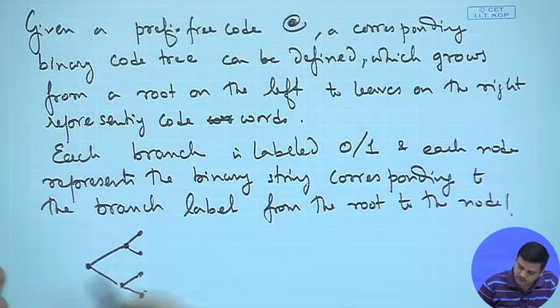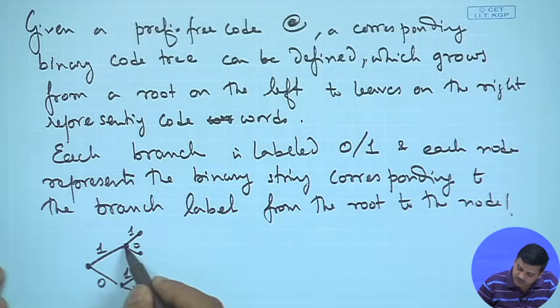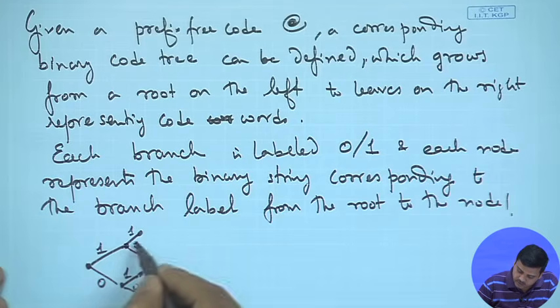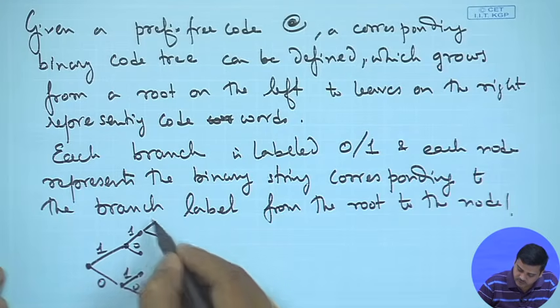So, each branch is labeled a 1 or a 0, and each node represents the code string from the root. If this is a node, you can grow it further.